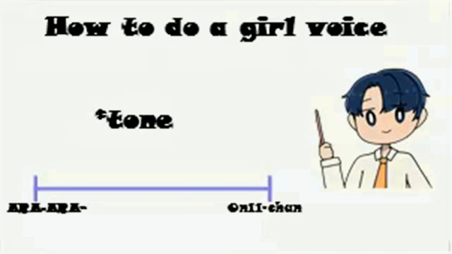I can't do the ara voice because, like I said, I've still been practicing to do a girl voice. So I can only do the Onii-chan voice consistently, not the ara one. I can't even do an ara voice.